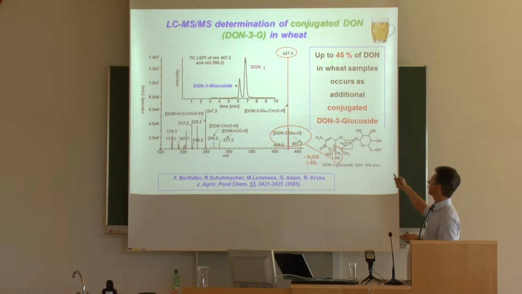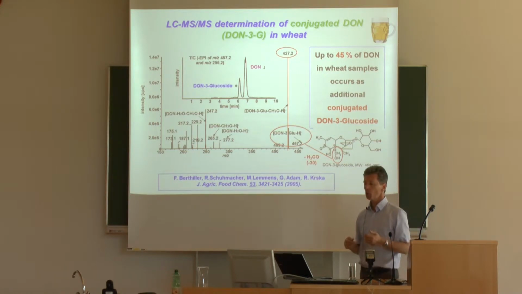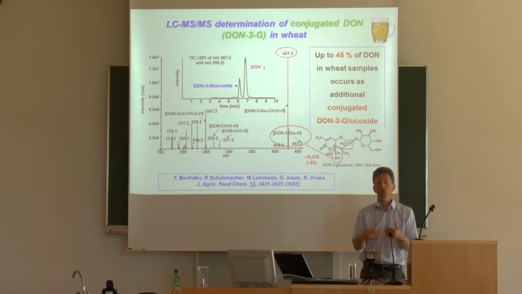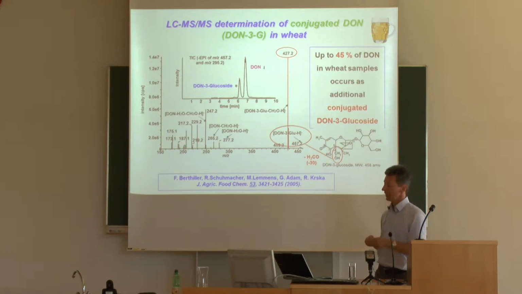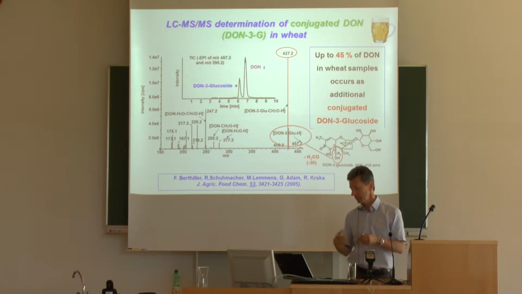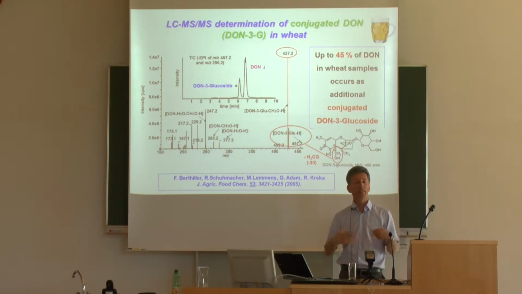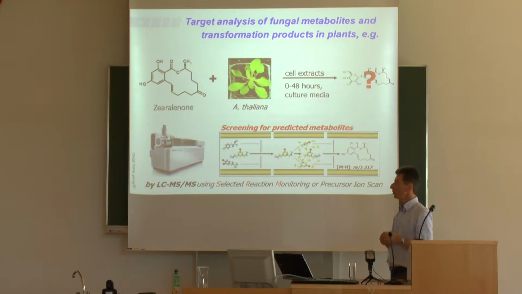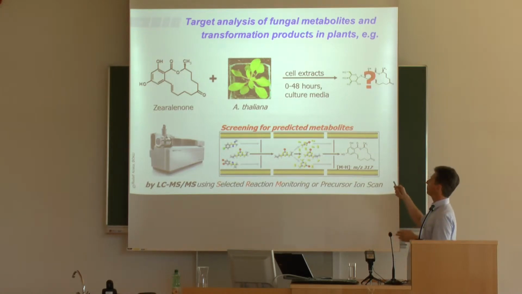He found out that up to 45% of deoxynivalenol in wheat samples occurs as additional conjugated deoxynivalenol-3-glucoside, which can certainly have implications also for food safety, especially in case the parent mycotoxins might be released after enzymatic hydrolysis in the gastrointestinal tract. And this can also be used for targeted analysis of fungal metabolites.